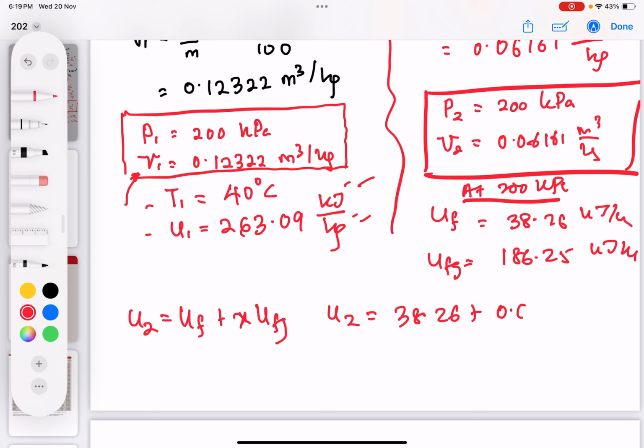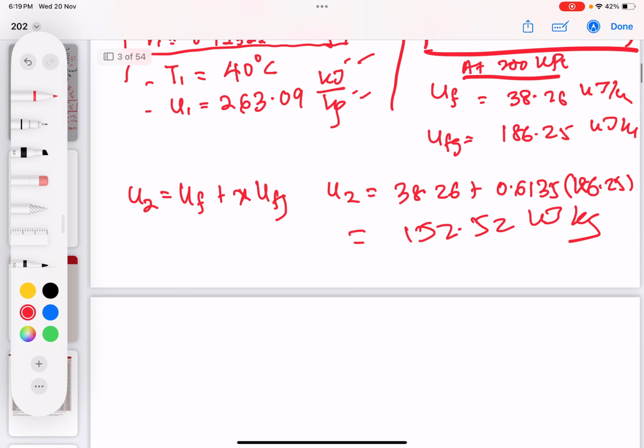So X equals 0.6135 multiplied by 186.25, and I get the answer of 152.52 kilojoule per kg. Then delta U is just equal to U2 minus U1, and I'll get the answer.